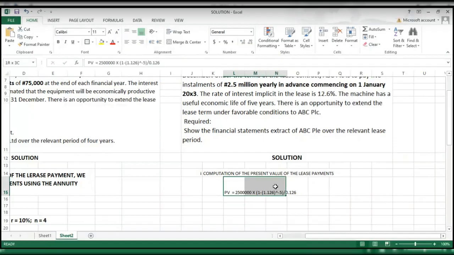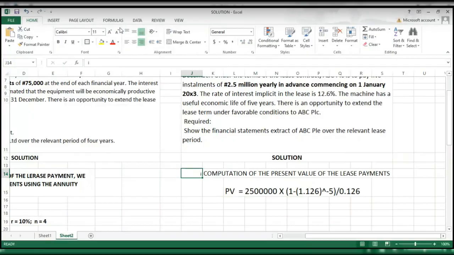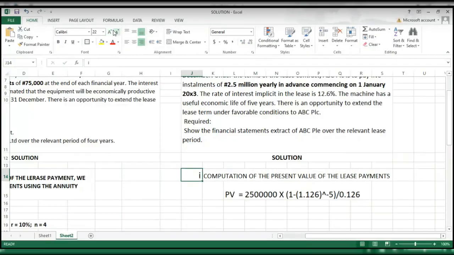Let me bold it so that you can see clearly what I have written. The task we have is the computation of the present value of the lease payment, and this is the information we need to do the computation. I hope you get it.